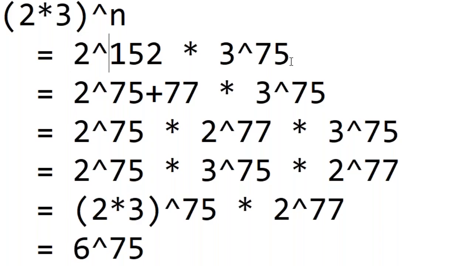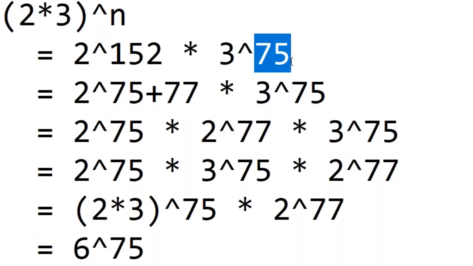Out of that, 2 is the smaller number, 3 is the larger number. So the smaller number is always having the higher power. When we compare, the larger number is having the lower power.